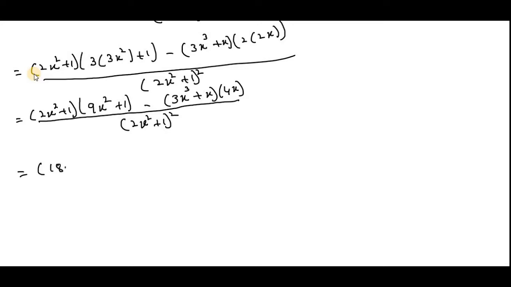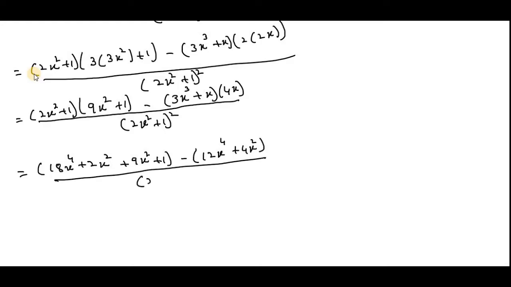Now just simplifying it, this is 18x raised to power 4 plus 2x square plus 9x square plus 1 minus 12x raised to power 4 plus 4x square and whole divided by 2x square plus 1 whole square.